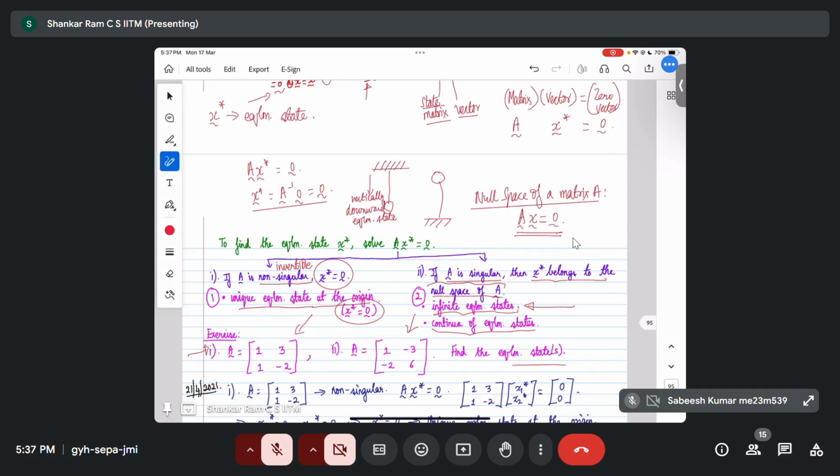We can have a continuum of equilibrium states like this. For linear systems, we can have only one of the two. Now, when we have a nonlinear system, then we also have what is called an isolated equilibrium state.